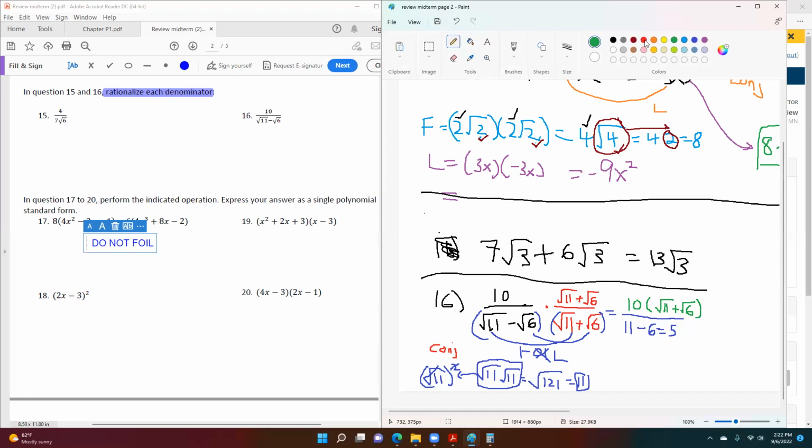So this 5 and 10 can be reduced by 2. So that's the reason why your answer in this case will be 2 times root 11 plus root 6. This is your answer for question number 16. And I suggest you just leave it like this. Don't distribute your 2. You can, I'm not that picky. Just leave it like this, it will be good enough.